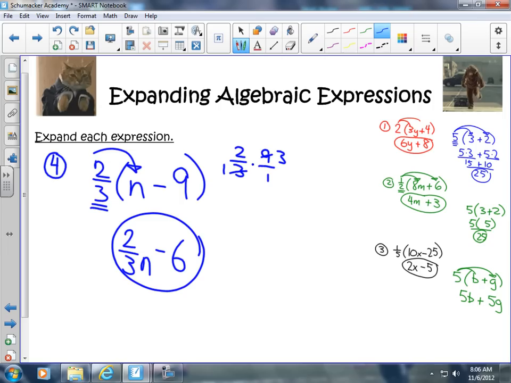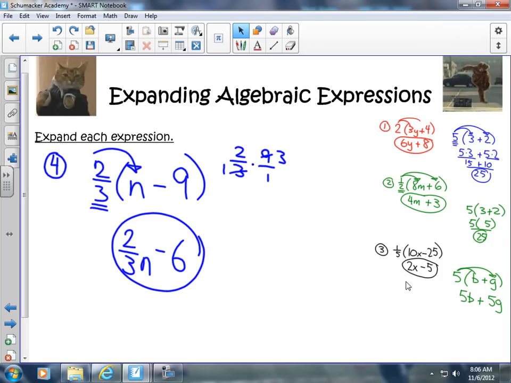Well, if we look at the work there, could we have done this in our head? Could we say, well, I know I'm going to divide by 3. I'm dividing by the denominator because I want to flip it. So couldn't I divide by 3 then multiply by the top number? You could do it that way. It will always work out that way. If you're multiplying by a fraction, you can first divide by the denominator and then multiply by the numerator.